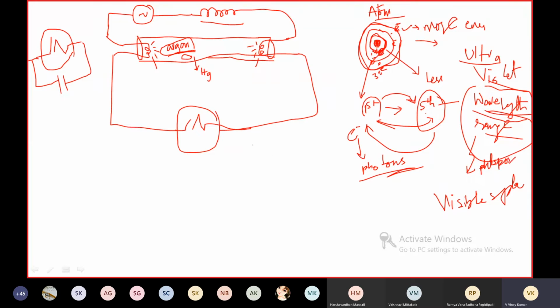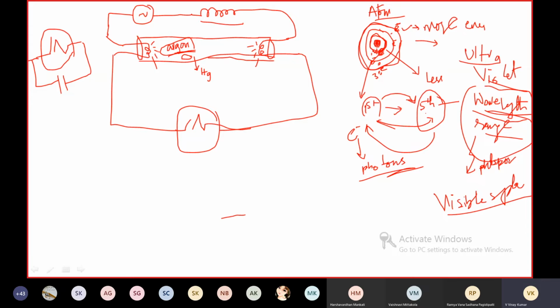Here the tube contains a little bit of mercury and an inert gas. The tube also contains a phosphor powder coated along the inside of the glass. This phosphor coating is used to convert ultraviolet photons into the visible spectrum.